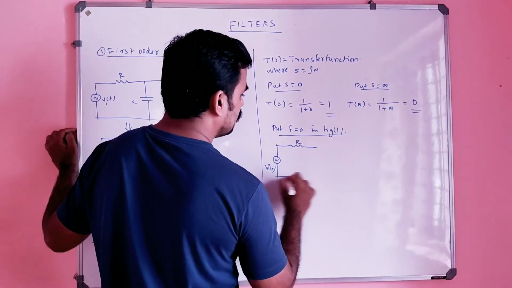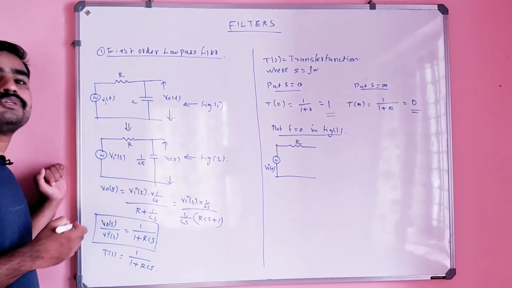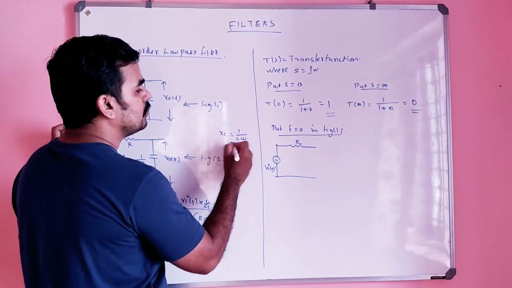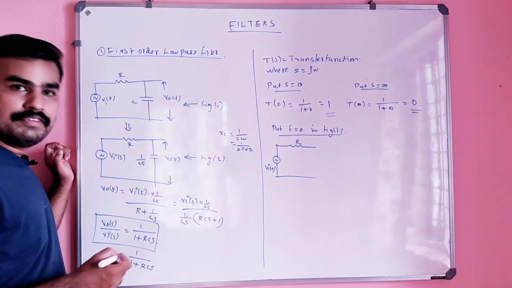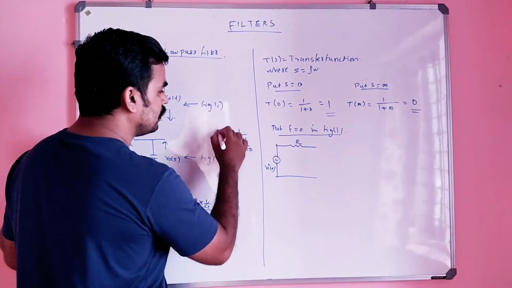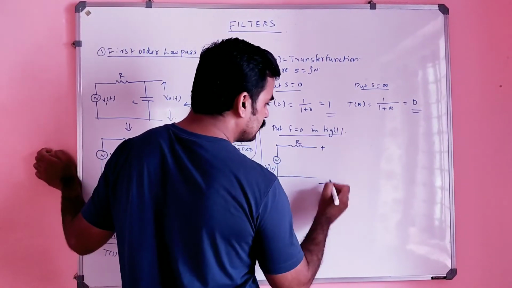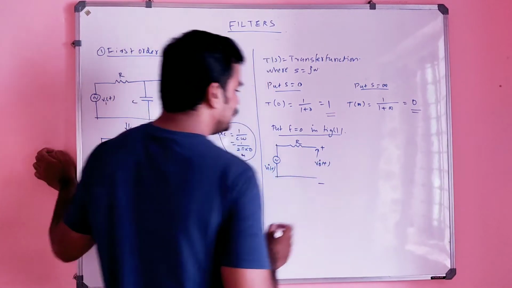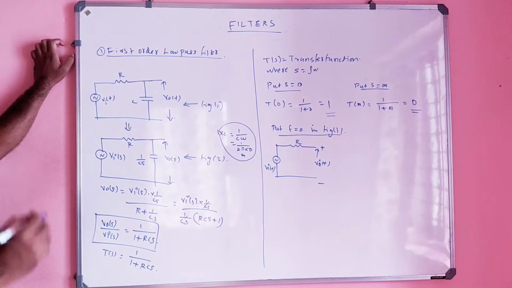If f is equal to 0, what will be X_C, the capacitive reactance? X_C will be 1 by C omega, which is nothing but 1 by 2 pi into 0, or simply infinity. That means this will be open circuited. So the output will be simply V_0(t).